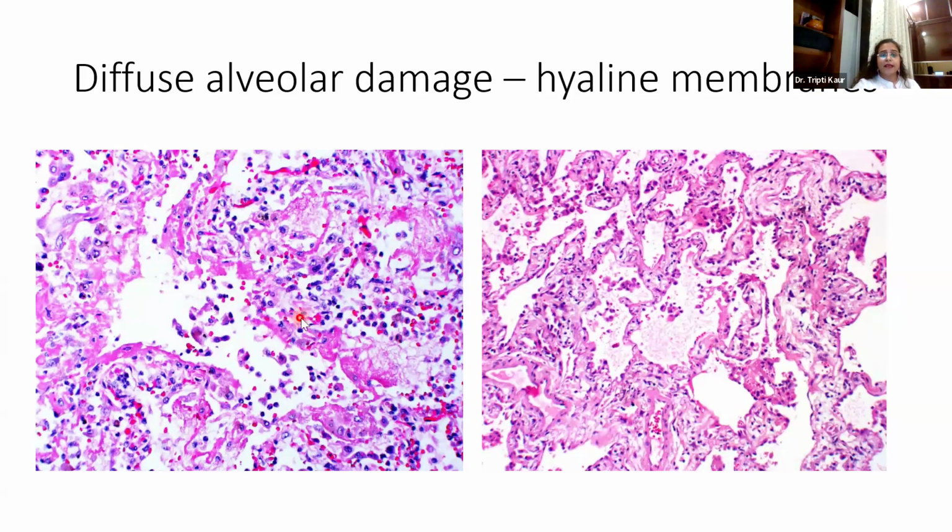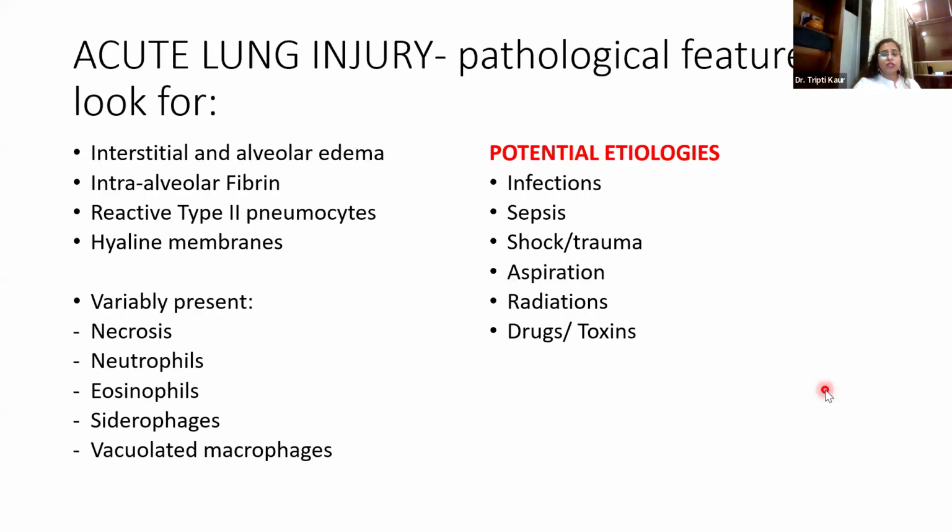Another thing is that in acute lung injury, you will always see a mixed inflammatory reaction: lymphocytes, neutrophils, some eosinophils. However, in organizing damage, you will see the interstitium being a little edematous. They're trying to form fibroblastic plugs, but not yet formed. There is a list of etiologies like infections, sepsis, shock, trauma, aspiration, radiation, drugs and toxins, which can cause acute lung injury, or for that matter, DAD.